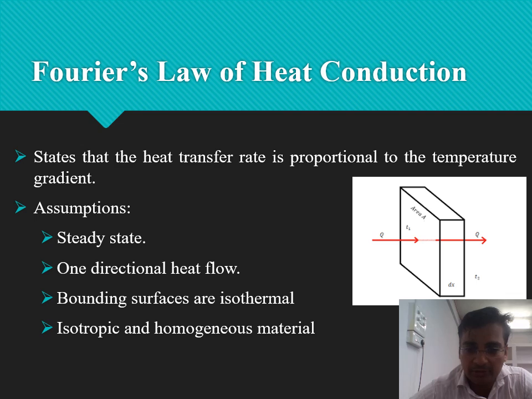It means temperature remains constant throughout the surface of the boundary, and isotropic and homogeneous materials will be present. So these are the assumptions for validly applying Fourier's law of heat conduction.